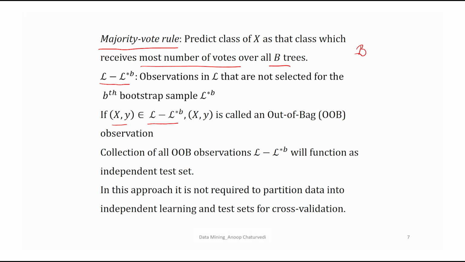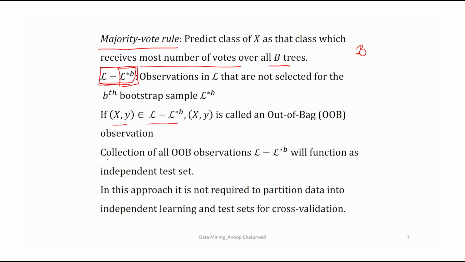Notice that we have trained the bth tree using the data set in L*b. So, for the bth bootstrap sample, the observations which belong to L minus L*b are out of sample observations or new observations for the bth bootstrap tree.